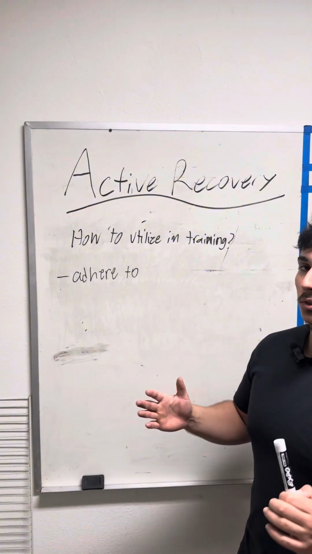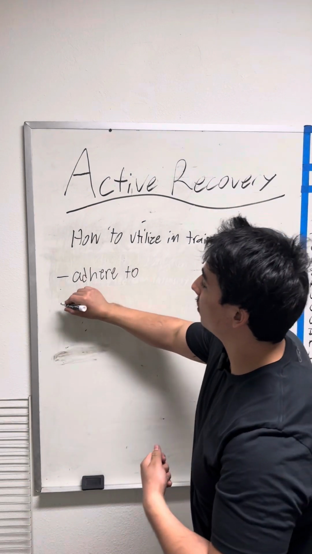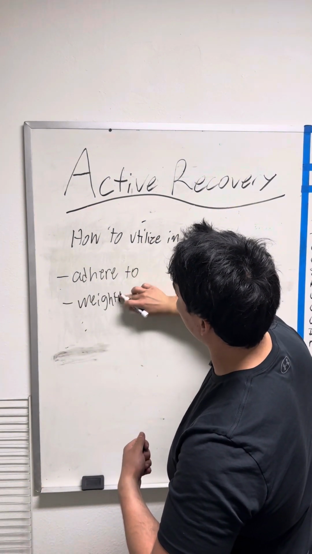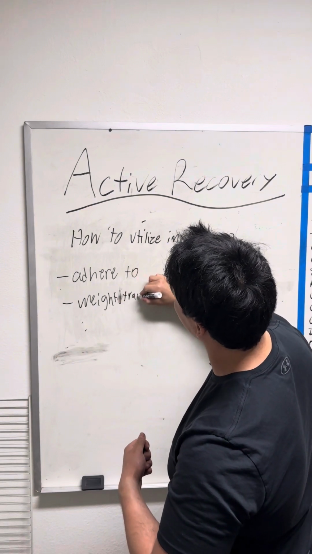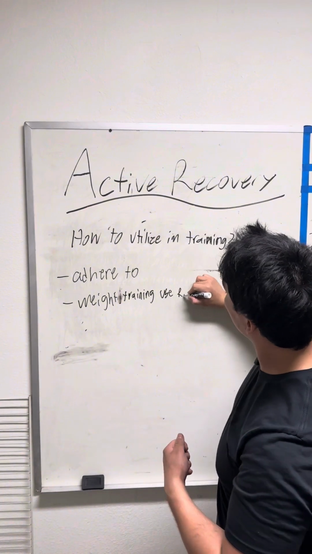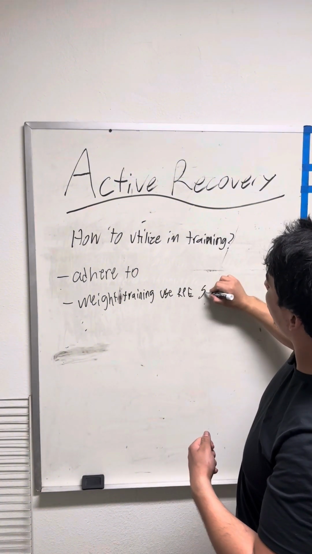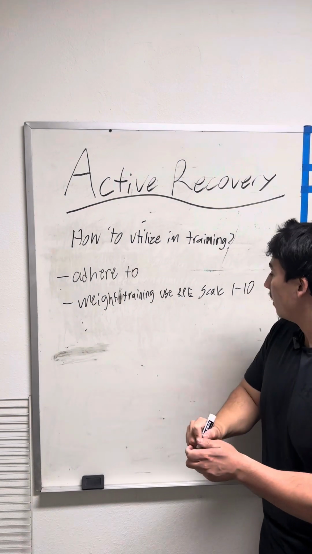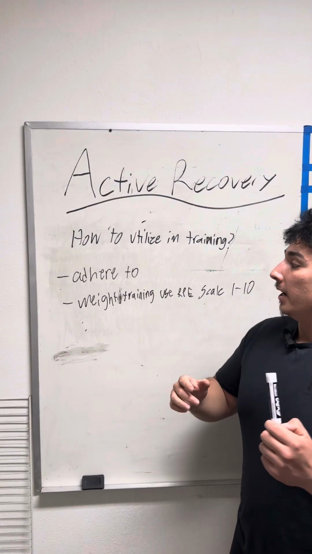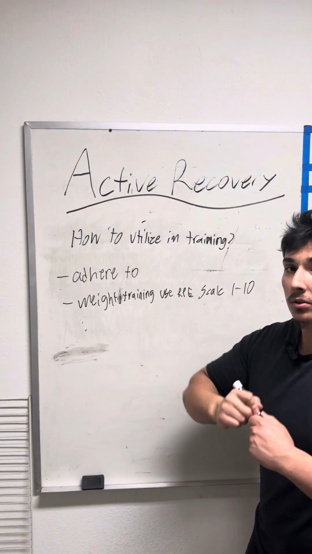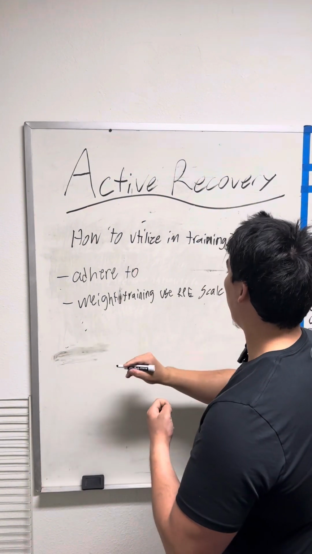So when it comes to weight training, I like to use an RPE scale. The one I prefer to use is the 1 through 10. Now, if our goal is to stay within the light to medium intensity, you are most likely going to be staying within this range.